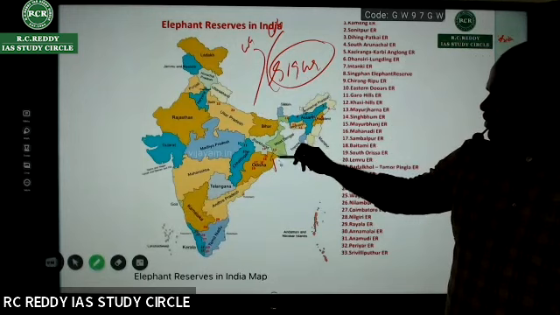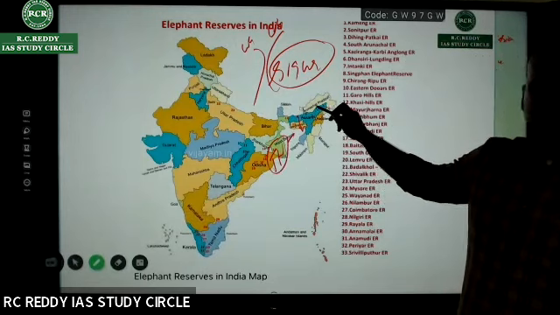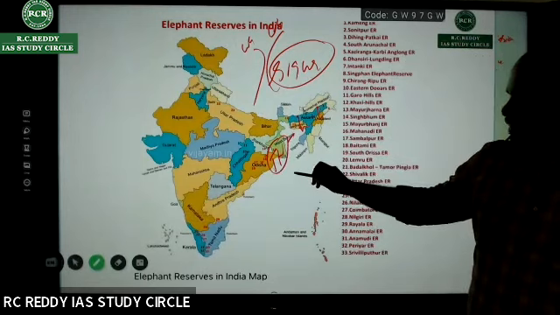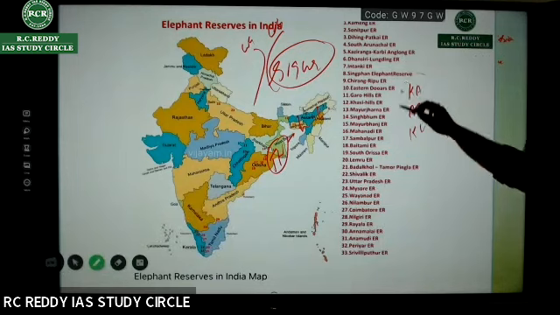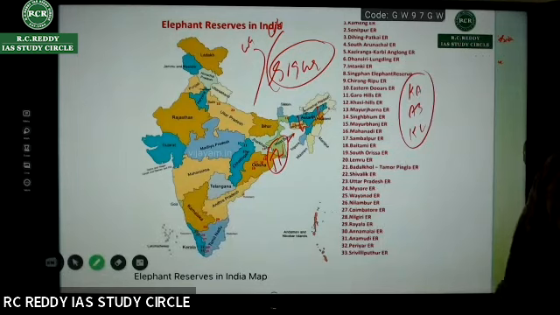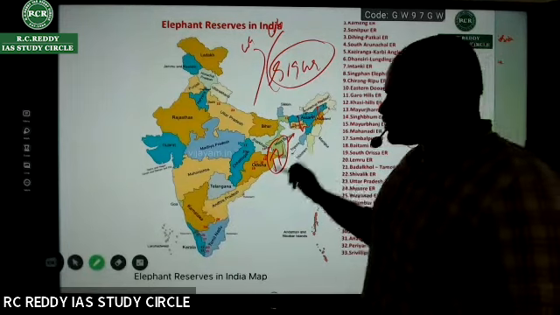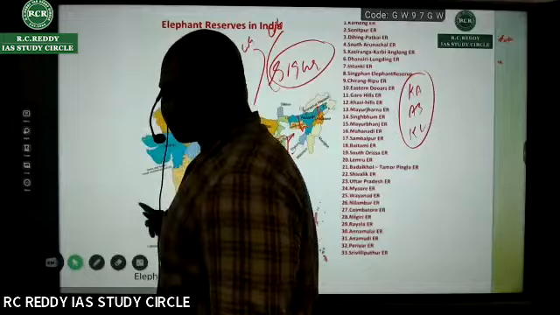And the Tamil Nadu region is known to have the highest density of elephants. When you talk about the state with the maximum number of elephants, that is Karnataka, followed by Assam, followed by Kerala. Karnataka, Assam, Kerala. This is the order of the elephants. And the maximum density is with respect to the Tamil Nadu region, right?